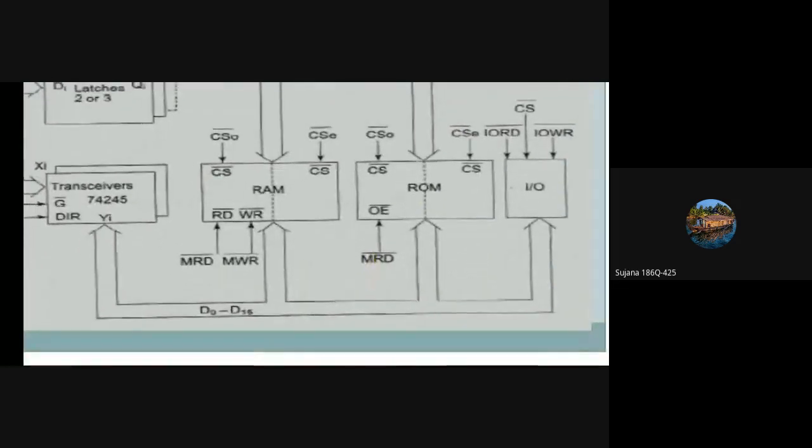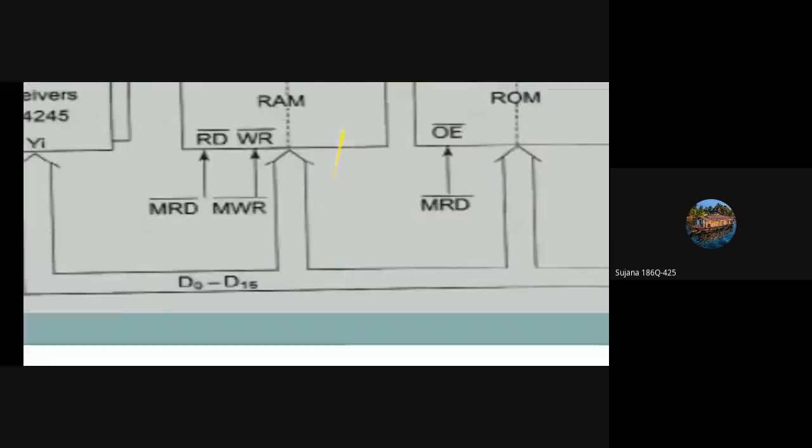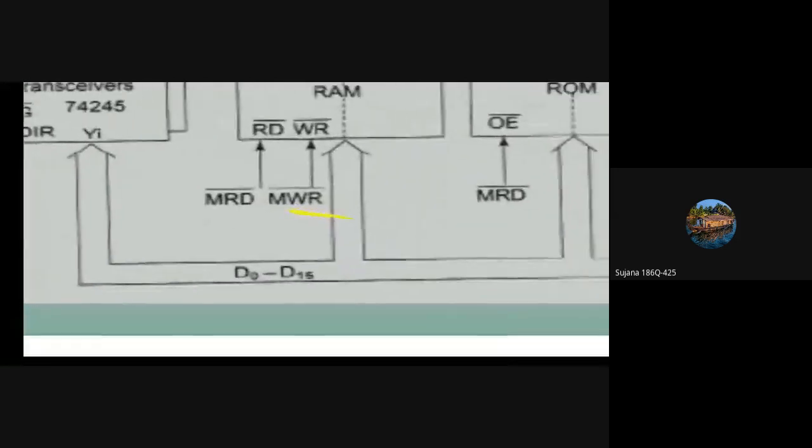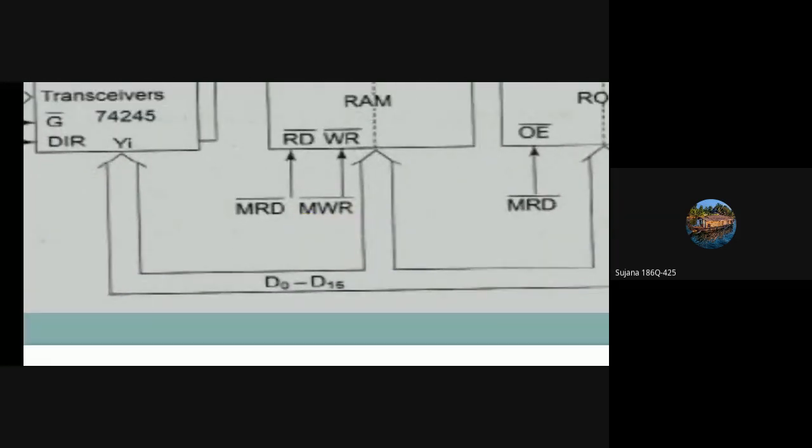RAM is connected to the transceiver. What is the purpose of the transceiver? It will separate the data from the address data lines. The data received by the transceiver will be sent to memory. You can see the path here, which is established between this transceiver and RAM.